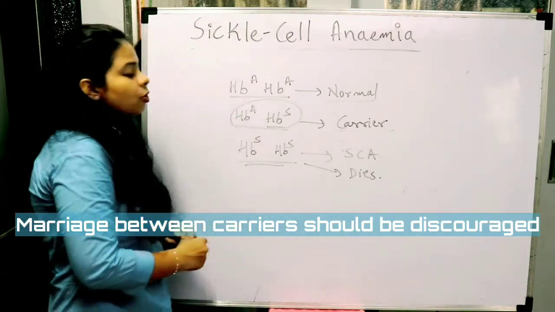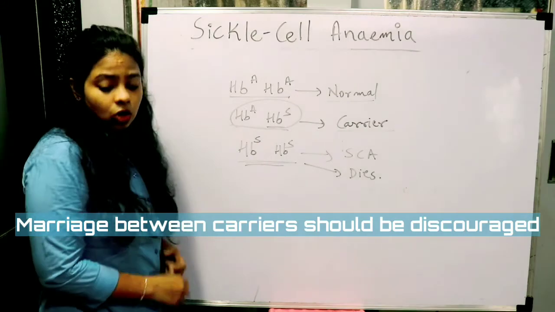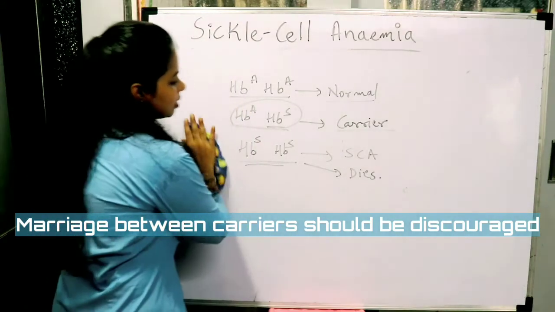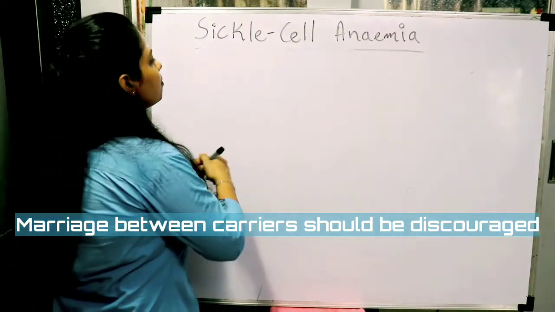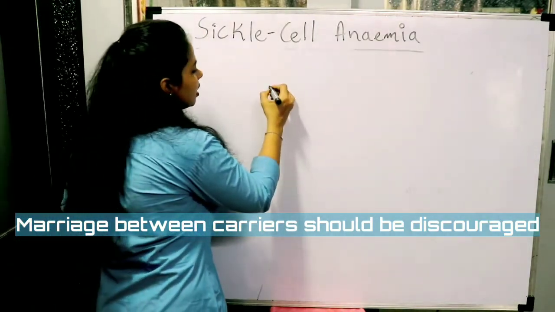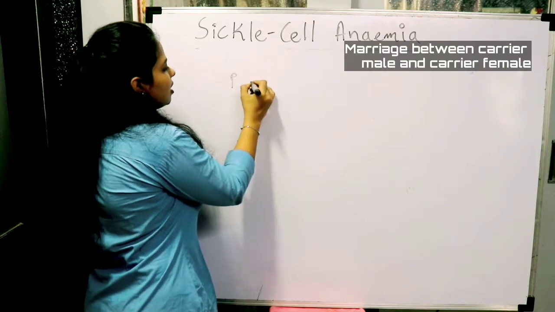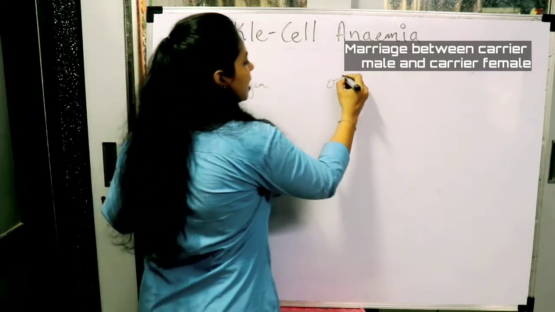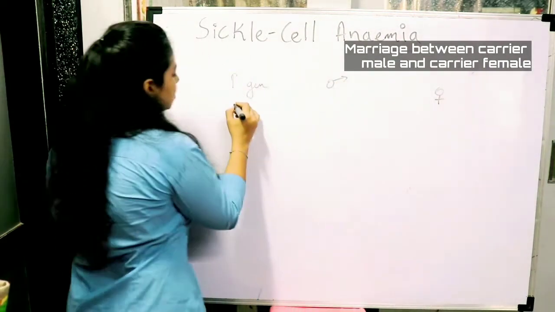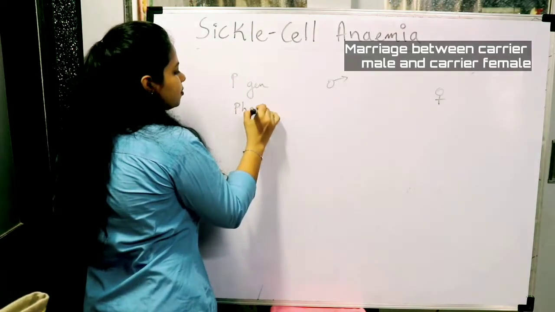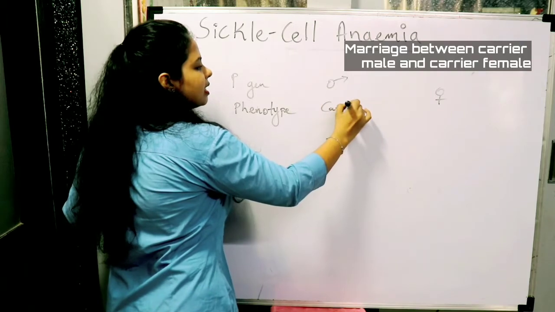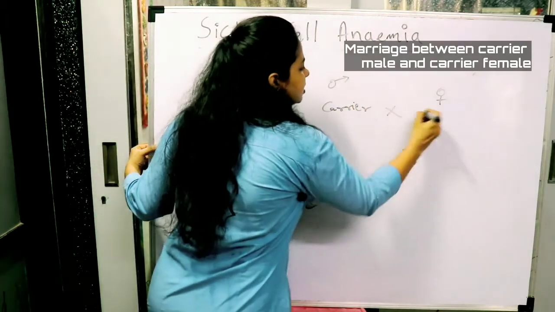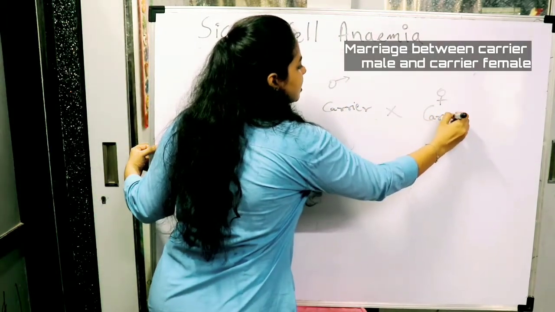Now let's see what exactly happens. Let's see the cross between the carriers and which types of offspring are produced. For inheritance, in the parental generation, male and female, the phenotype is carrier for sickle cell anemia marries carrier for sickle cell anemia.